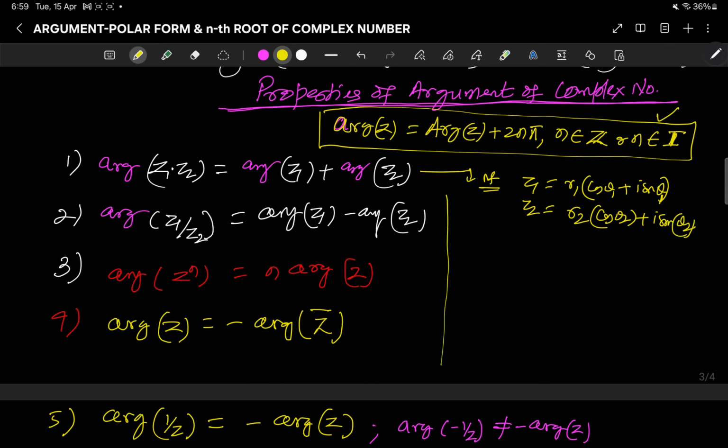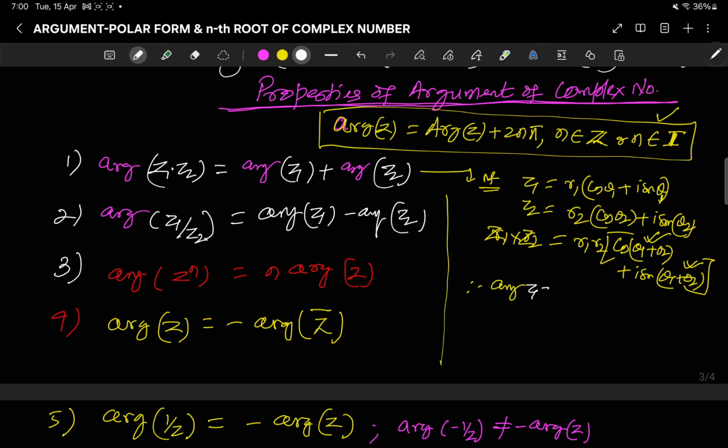Now if I multiply, r1 r2 (cos(theta 1 plus theta 2) plus i sin(theta 1 plus theta 2)). So the argument here is theta 1 plus theta 2, which is z1 into z2. Therefore argument of z1 z2 is theta 1 plus theta 2, which equals argument of z1 plus argument of z2.